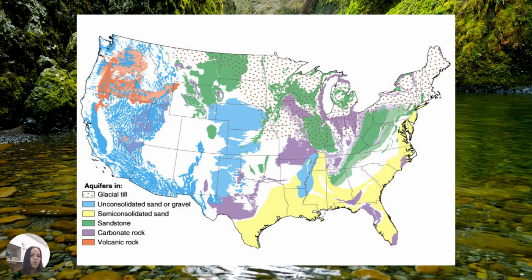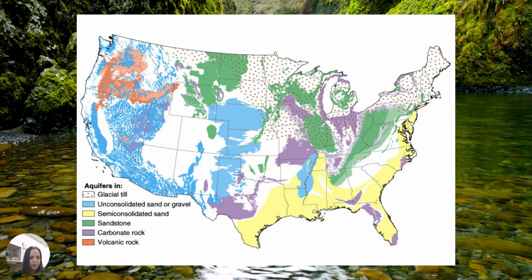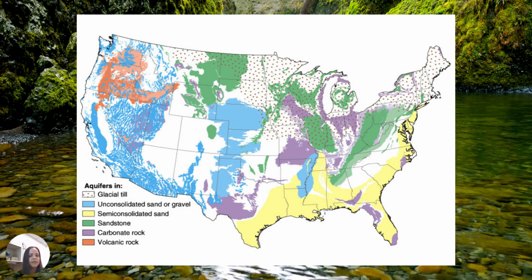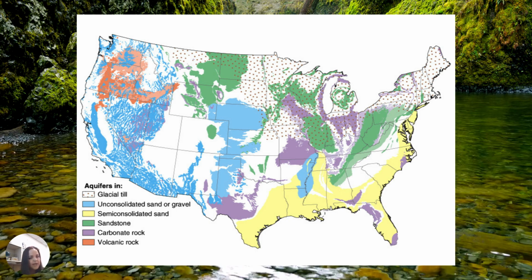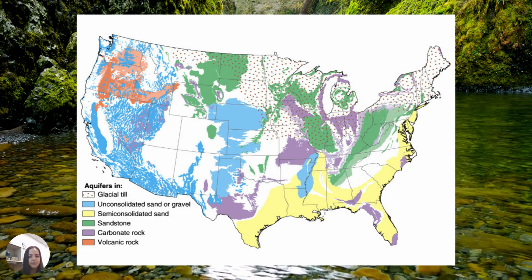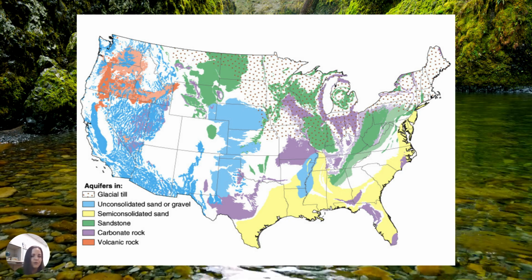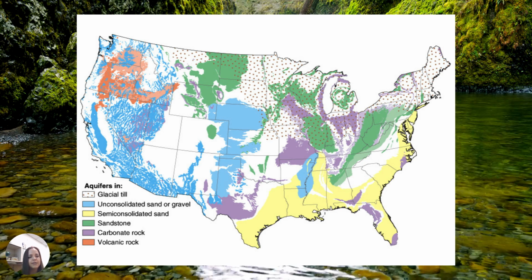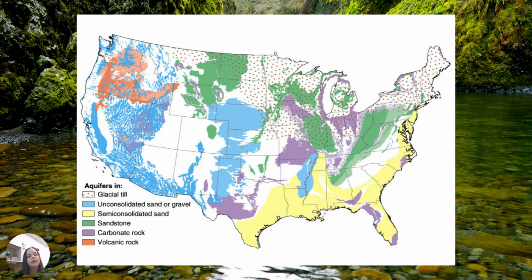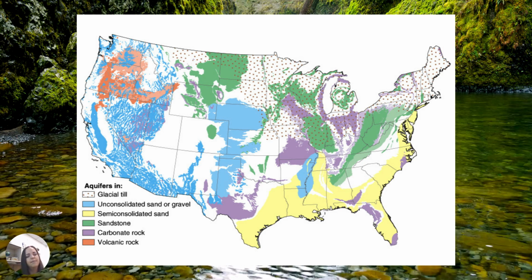Depending on where we are in the United States, we are in the Central Valley, so we have a lot of unconsolidated sand or gravel. But depending on the rock available in the area, what's most common, that's where their groundwater is going to sit, what aquifer it's going to be in. Okay, so for example, we have a lot of carbonate rock in Texas and in Florida.